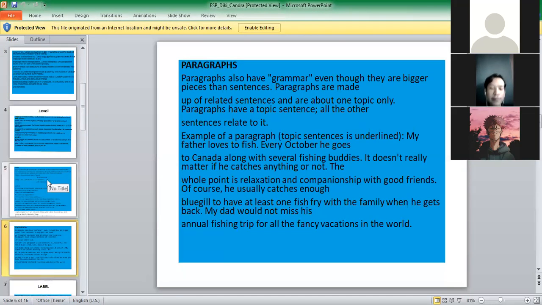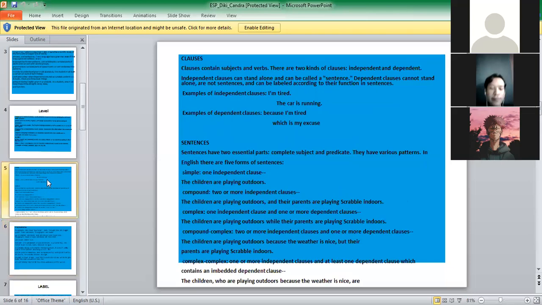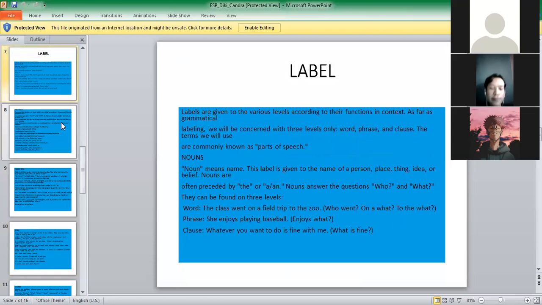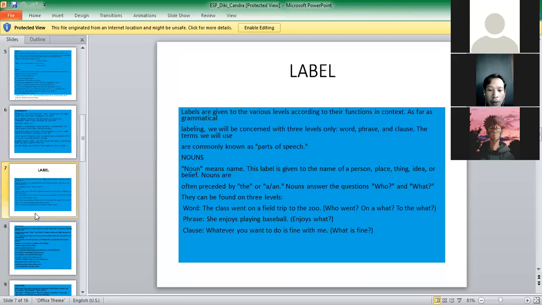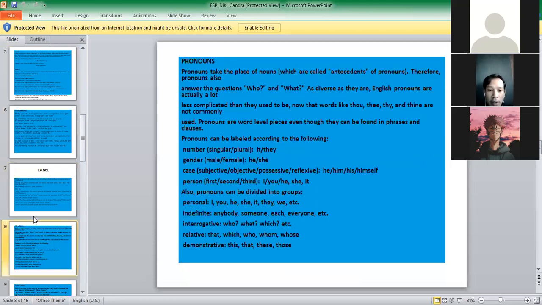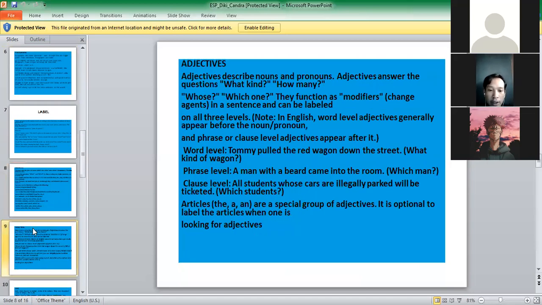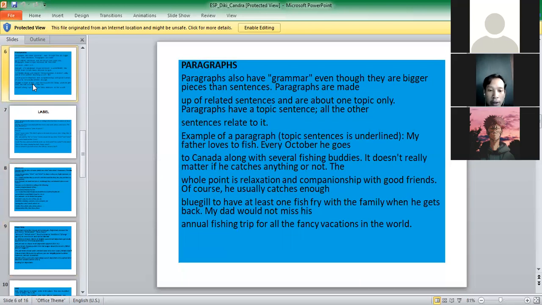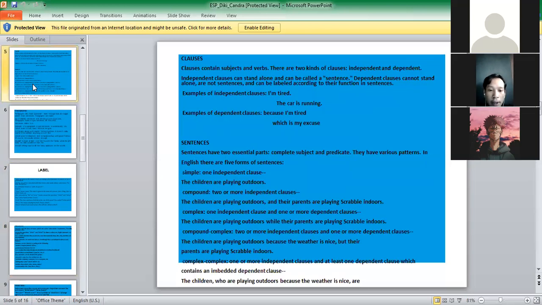And the next, sentence. A sentence has two essential parts, a complete subject and predicate. They have various patterns. In English, there are 5 forms of sentence. Simple: an independent clause. The children are playing outdoors.